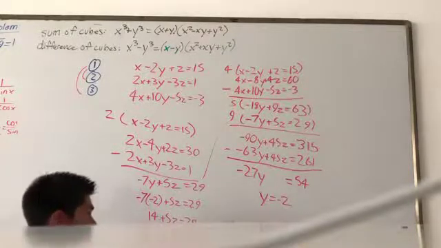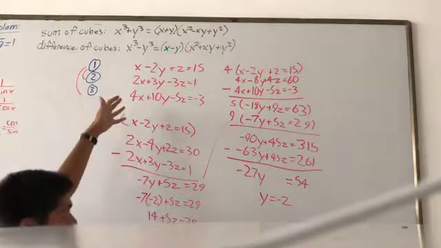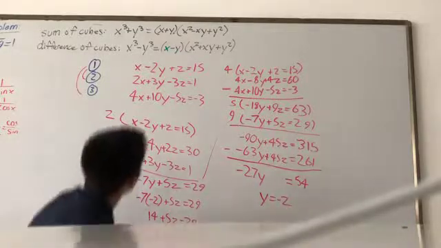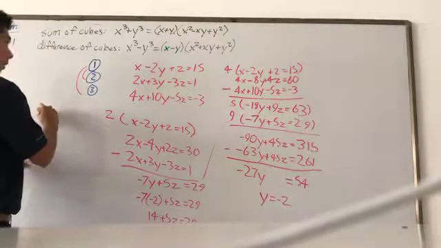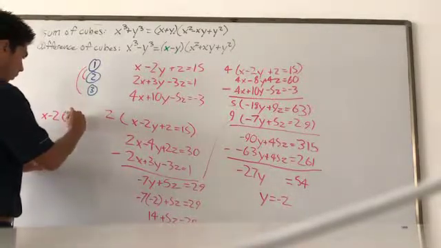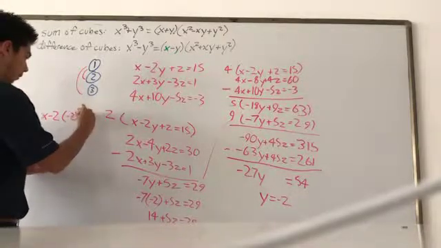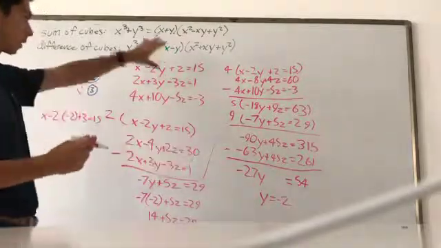So now I know y, I know z, which means I can go back to one of these original equations to figure out what our final variable x is. Okay? So I'm going to go back to this first equation over here, and I know that it's x minus 2y plus z equals 15. Y is negative 2, z is 3. You could plug these numbers back into any of them.